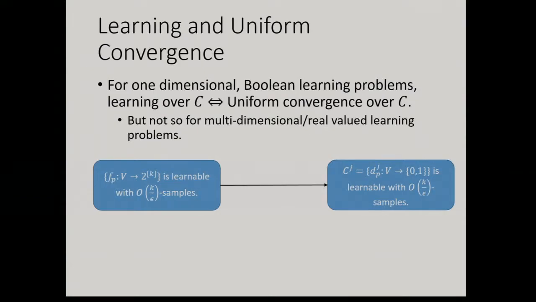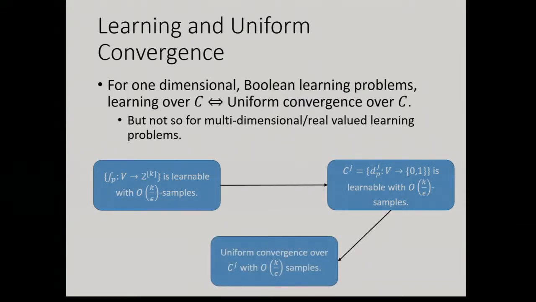But learning these functions, the bundle predictions, is sufficient to also learn these lower dimensional functions, which just ask you to predict, is a buyer going to buy good 1 or not? Because if I can accurately predict the whole bundle he's going to buy, I can also tell you if he's going to buy good 1 or not. And so I know this class of functions is also learnable with k over epsilon samples. And since that's a Boolean class of functions, k over epsilon samples is enough for uniform convergence.